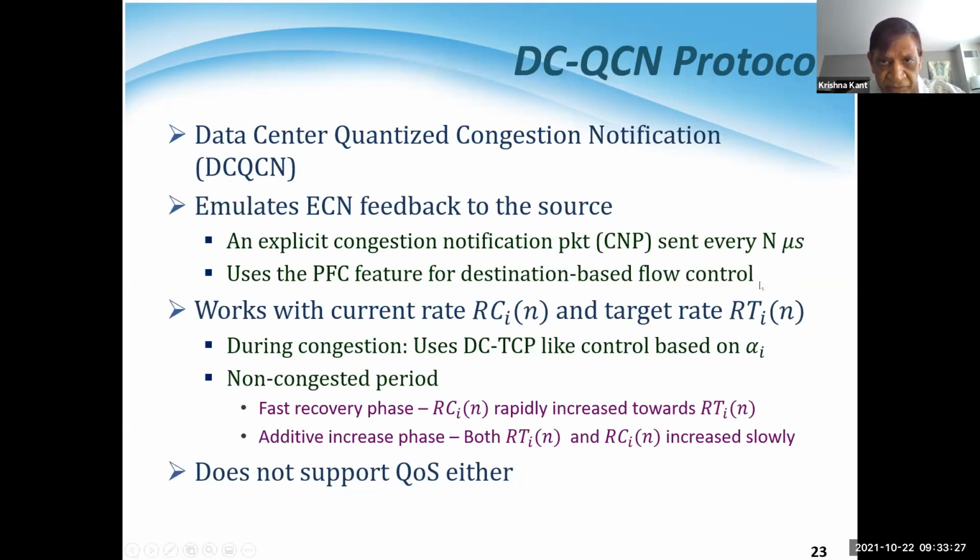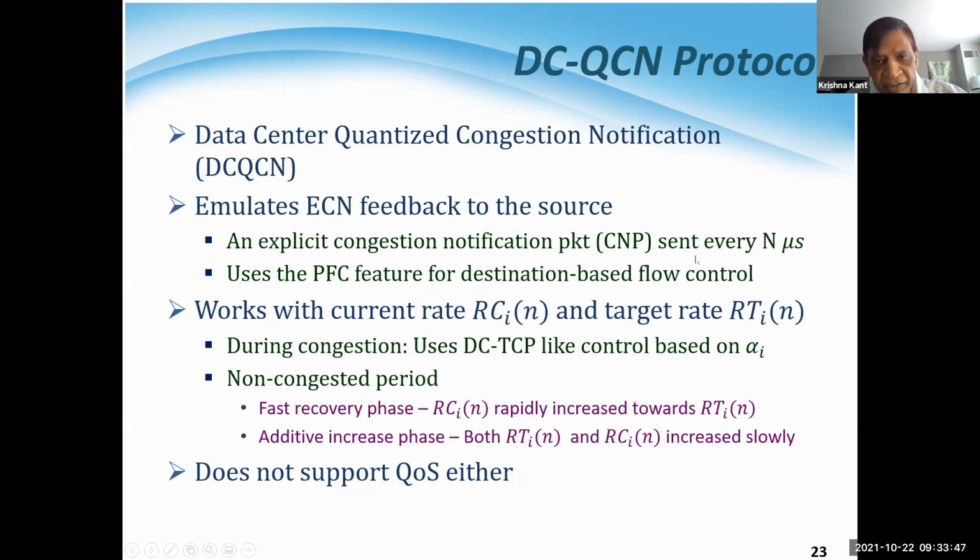So there is another protocol known as DCQCN. And this is kind of like a DCTCP implemented in the RDMA context. So that's the easiest way to think about it. So it uses the ECN feedback.